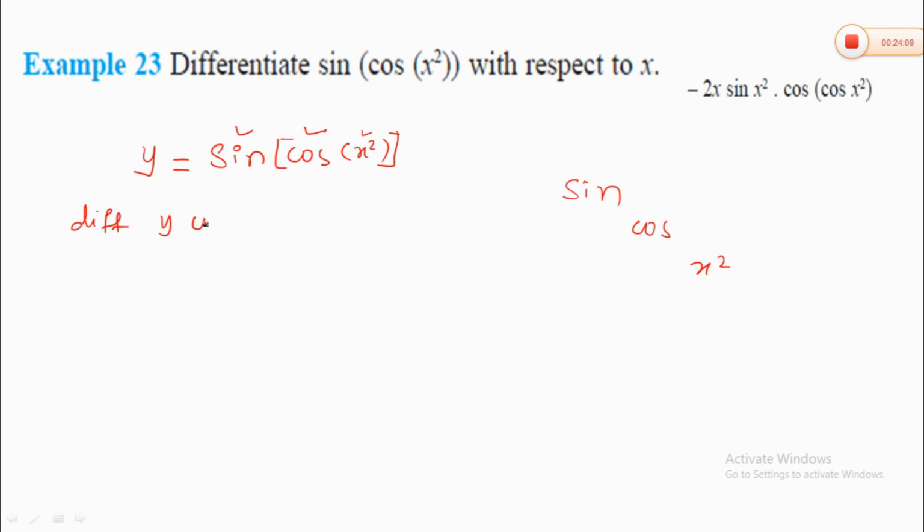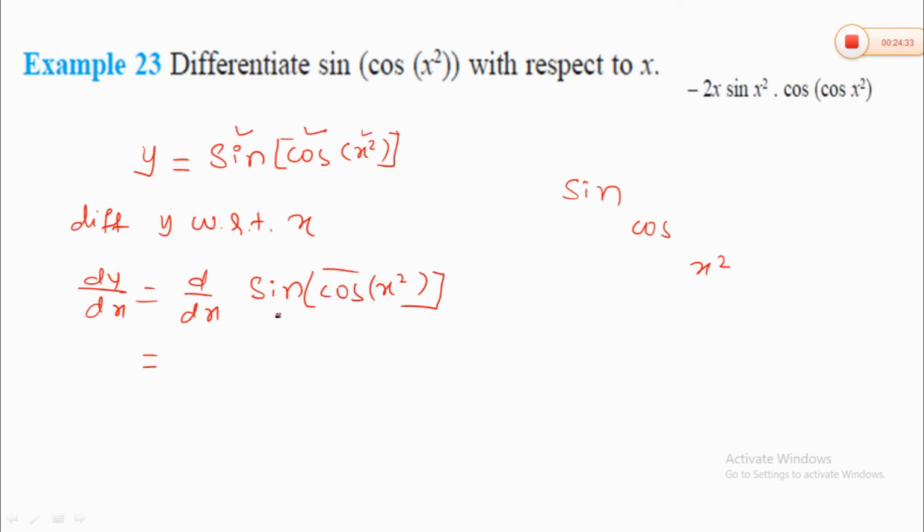Differentiate y with respect to x. dy by dx equals dy dx of sine of cos of x square. This equals, so first sine, derivative of sine is cos. Write the remaining things, cos of x square, dy dx of, after sine, differentiate this one, cos of x square.